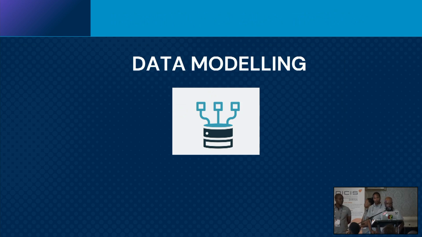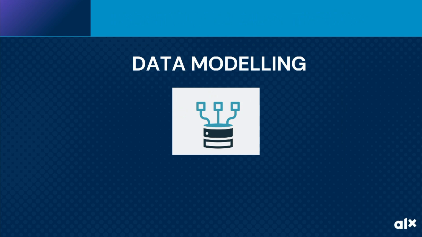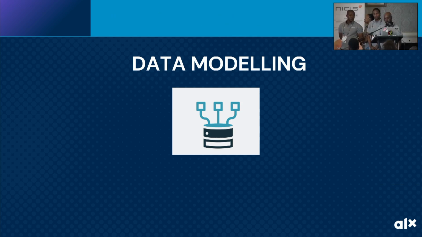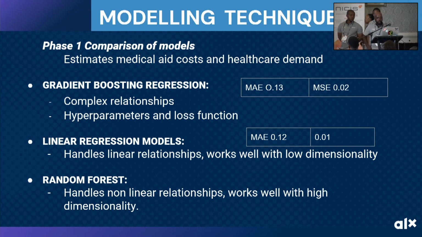And then going to the data modeling, there's a saying that all models are bad, but some are useful. So we went to data modeling. We compared different models to check which one would fit our problem, understanding the challenges in South Africa. We went through gradient boosting regression, which works on complex relationships, with hyperparameters and loss function.